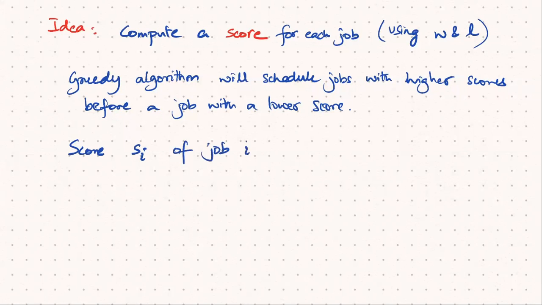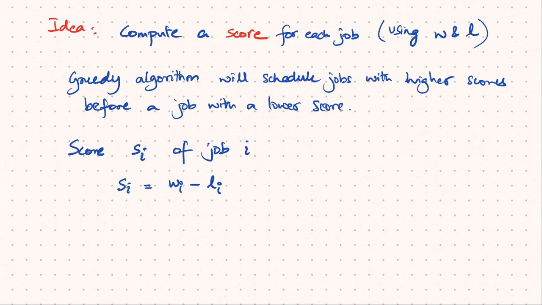One way to define this is maybe Wi minus Li. Why are we doing this? What we would want is, as the priority increases, the score should increase. We want the higher priority jobs to get a higher score, so they are scheduled earlier.